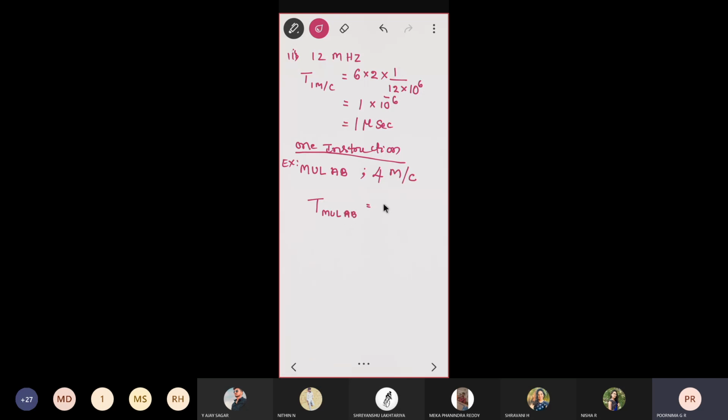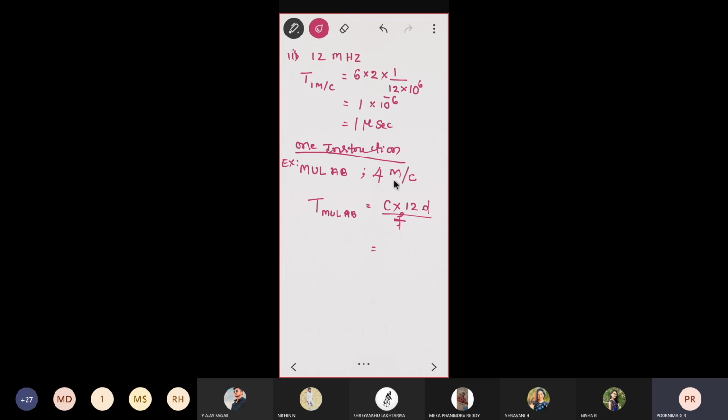How do you calculate? C into 12D divided by F, which gives T. Yes or no?